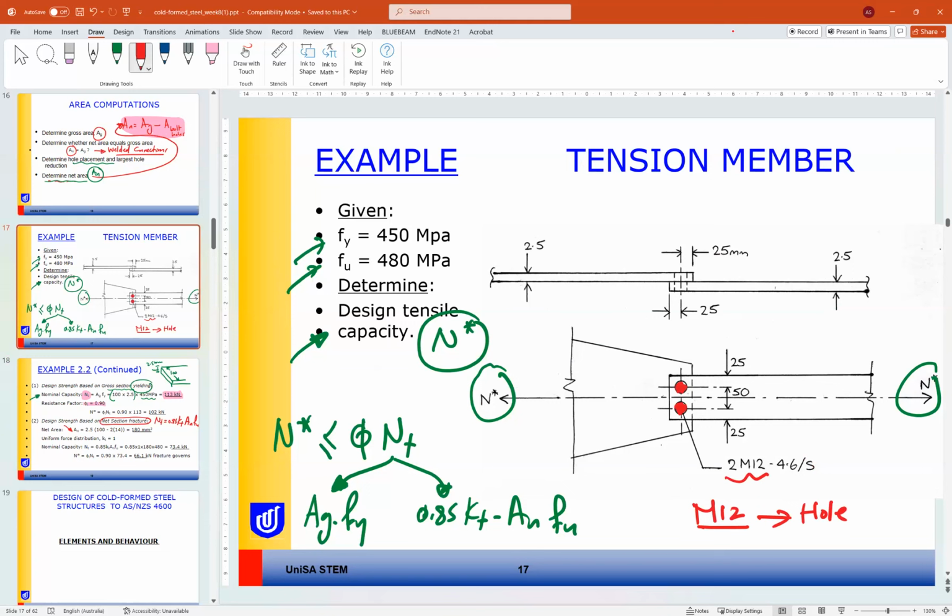Do you have any idea? No, not 15. Not 13. We can take it as if this is our hole, so we should have tolerance. The tolerance of the bolt hole is 1 millimeter on each side, or 1 millimeter on the perimeter. So how much is the hole diameter? 14 millimeter. If the bolt is 12, the hole will be around 14 millimeter.